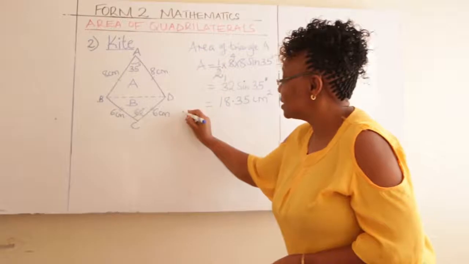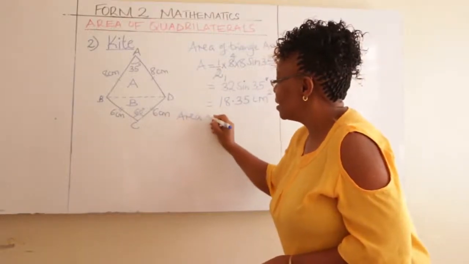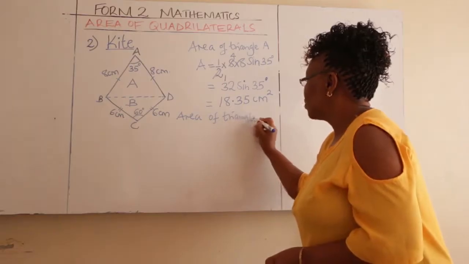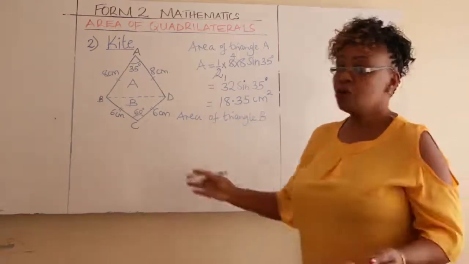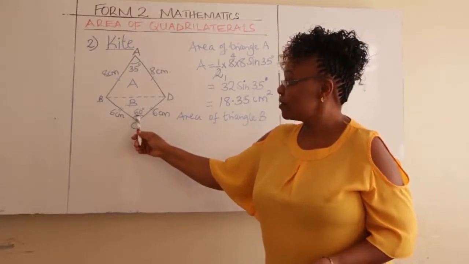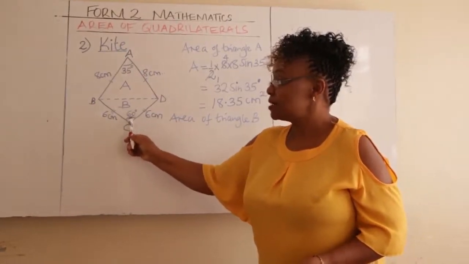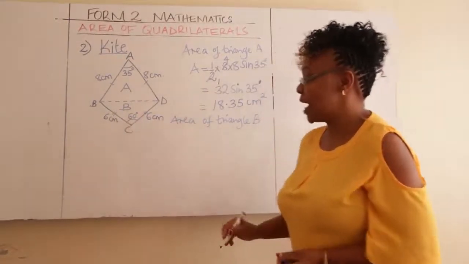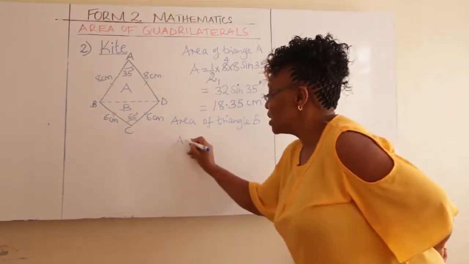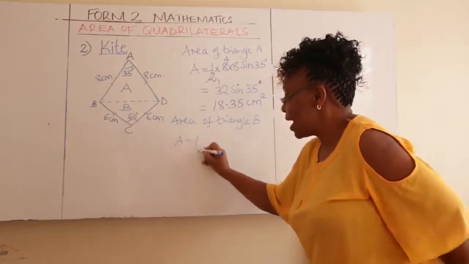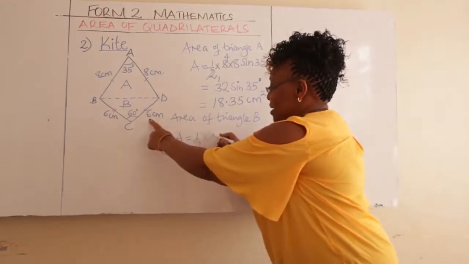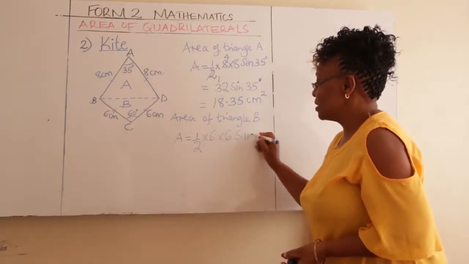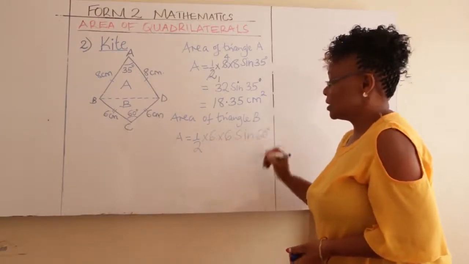We now get the area of triangle B. We use the same formula. A half times this side times the other side times sine 60, because again you are given the 2 sides and an included angle. So area of this will be a half times 6 times 6 sine 60 degrees.